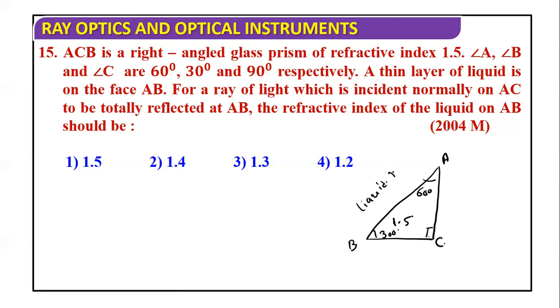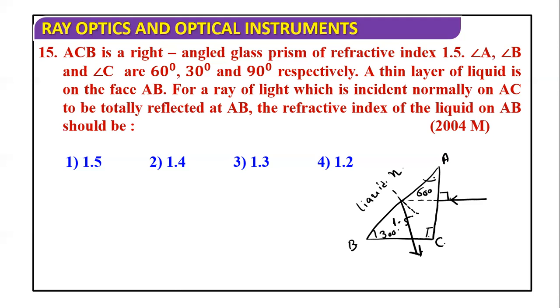Let's say refractive index of liquid is N. For a light ray which is incident normally on AC to be totally reflected at AB, what should be the refractive index of liquid?